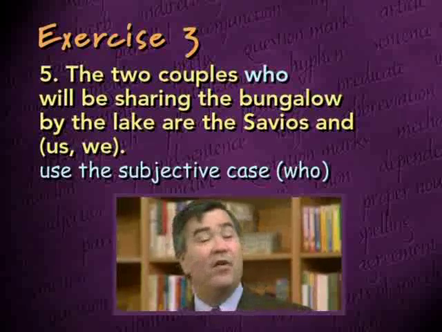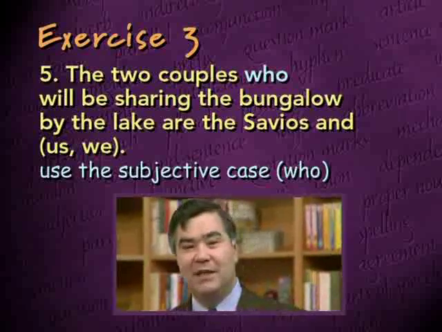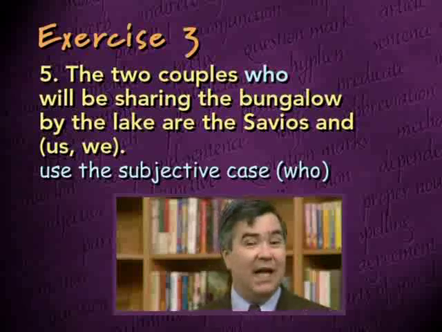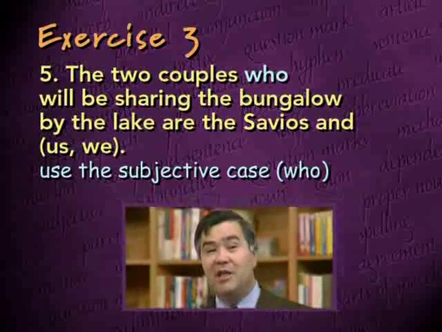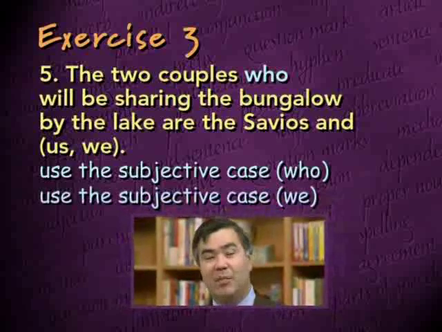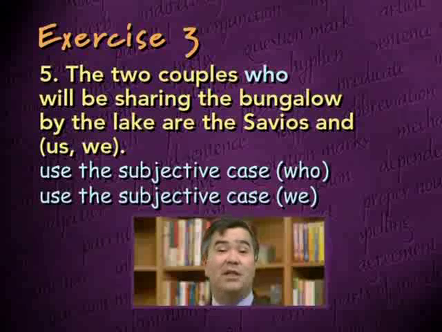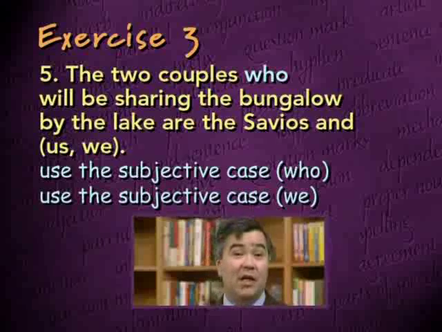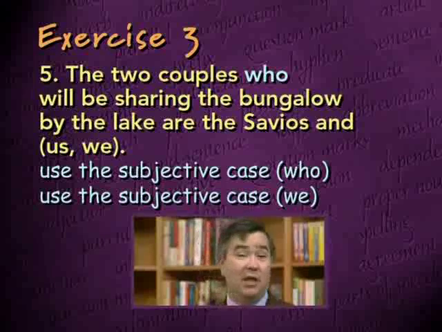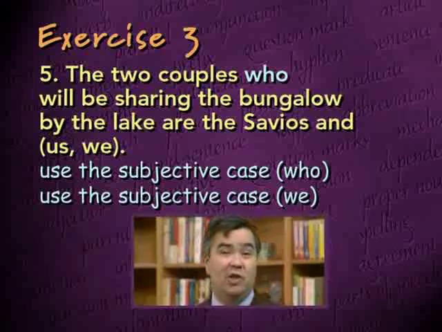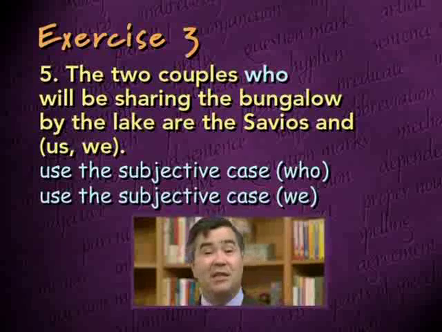That is, giving further information about the two couples who are mentioned way back at the beginning of the sentence. Since the Savios and us or we is the subject complement, we need to use the subjective case of the pronoun, just as we would if it weren't compound. In other words, if the Savios were out of the picture and if we were the only ones in the cabin or in the bungalow, we would treat this as a subject complement and therefore use the subjective case pronoun.